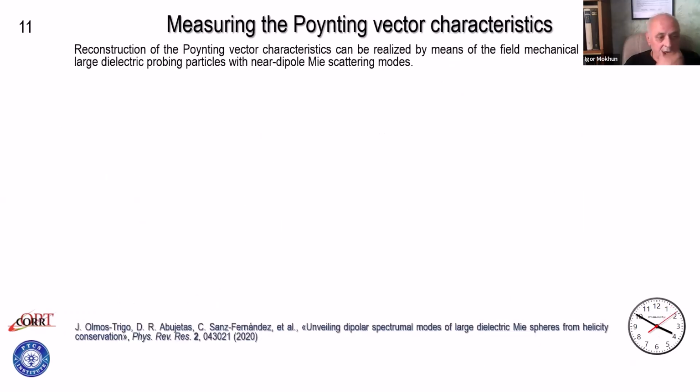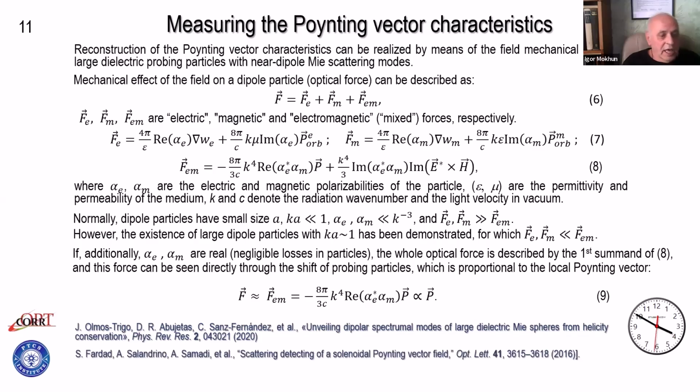In this context, prospects of the Poynting vector measurements can be mentioned that follow from the existence of large dielectric particles with almost dipolar regimes of scattering. A dipole particle located in an optical field experiences a mechanical effect of force, which is described by the following expressions.